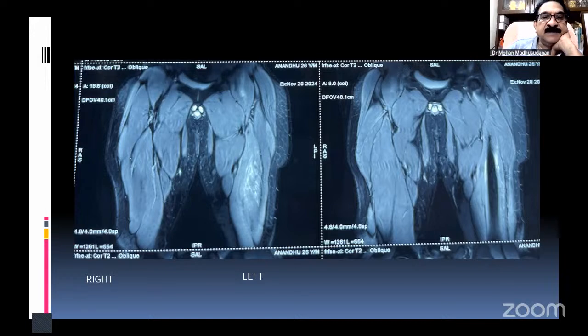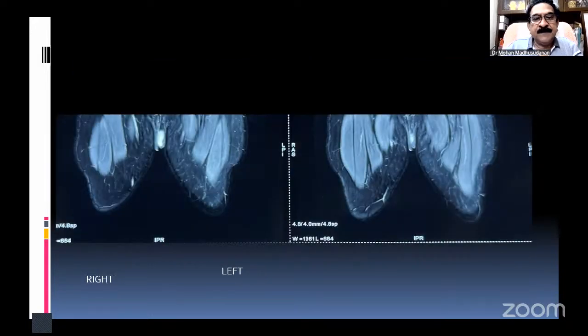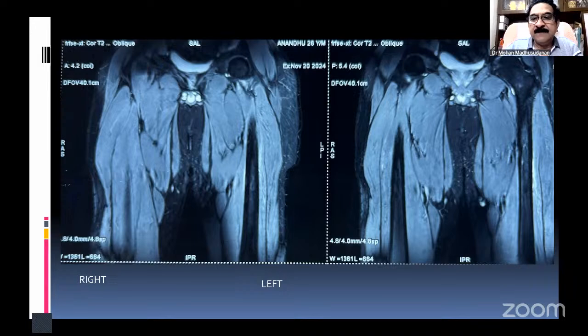MRI was done. We found hyperintensity in the quadriceps muscle. You can see there. Remember, right is on this side, unlike CT. You have to keep that in mind. What you see, the hyperintensity is in the left quadriceps.